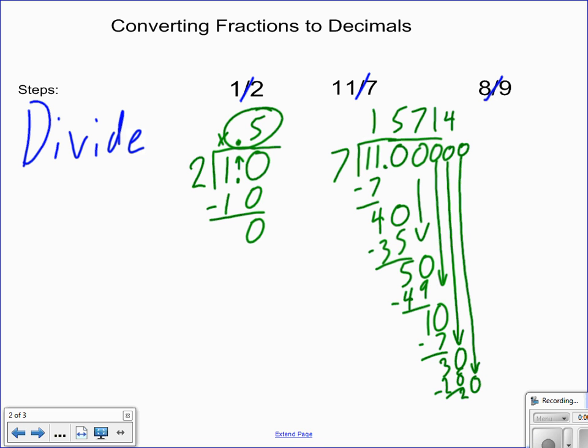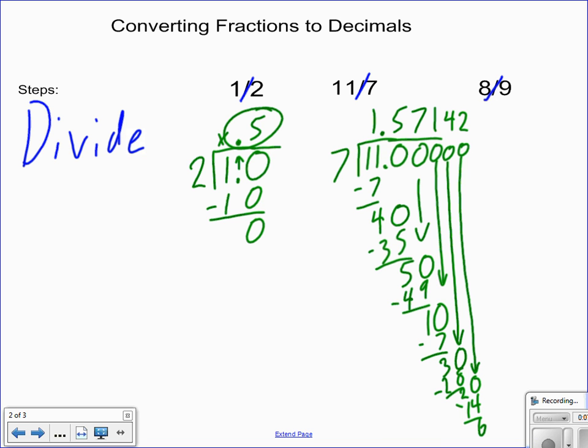This keeps going here, and I'm going to keep going unless I'm told I can round it to the nearest 2 places. I'm out far enough that I can round this to 1.57. Otherwise, I can keep going. 7 goes into 20 2 times, minus 14, 6, and it just keeps going. It doesn't look like it's going to stop on me.